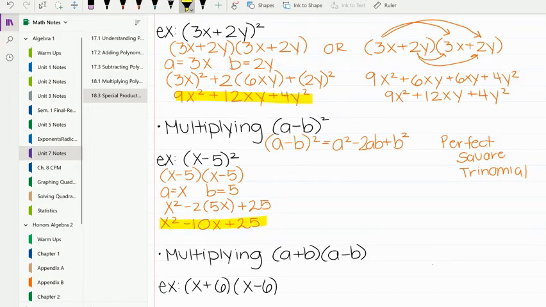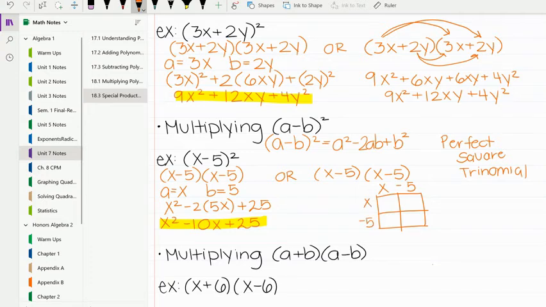Okay, again, if that formula is making it confusing, then just multiply like we did last week. So (x minus 5) times (x minus 5). Let's go ahead and use the box method just to change things up. I would have x minus 5 on the top and x minus 5 on the side.